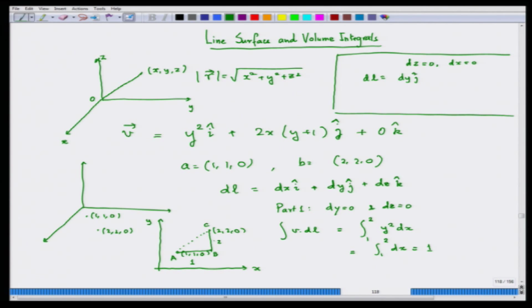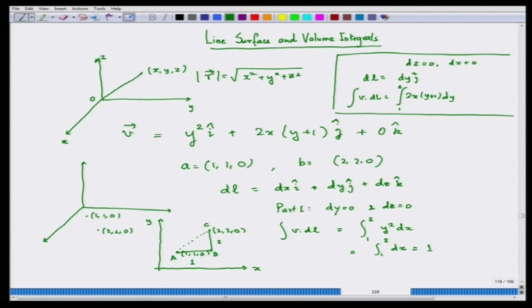But along this path, what is the value of x? You know this. So, my integral of v dot dl will be the integral of, what was my second part, 2x into y plus 1, with y now changing from 1 to 2, into dy.